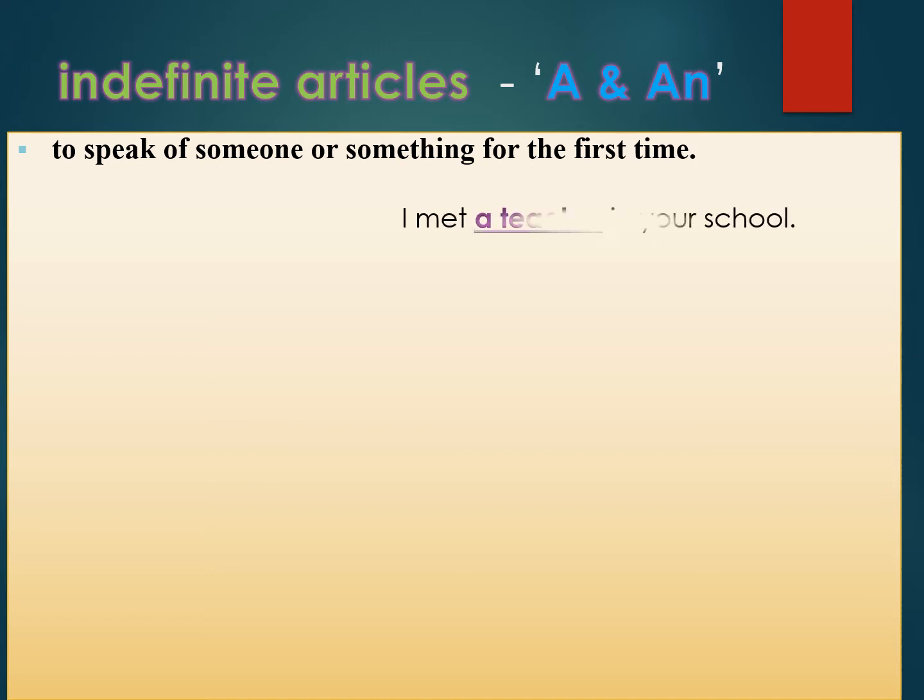Example, I met a teacher in your school. So here I am referring to the teacher whom I met for the first time. That's why I used article a before the noun teacher.